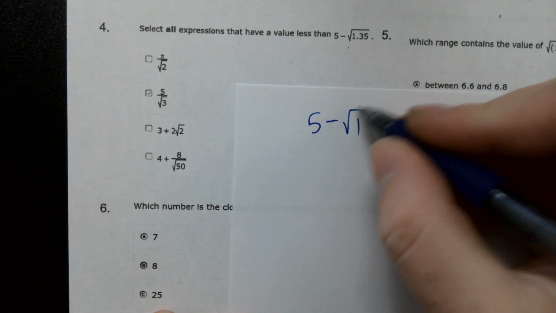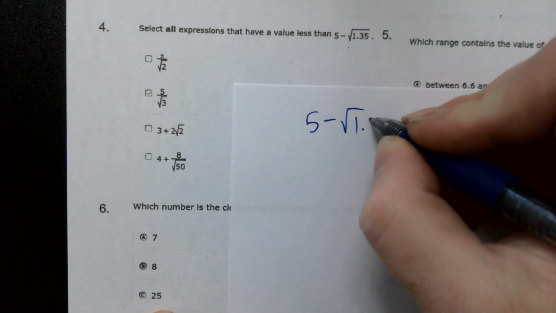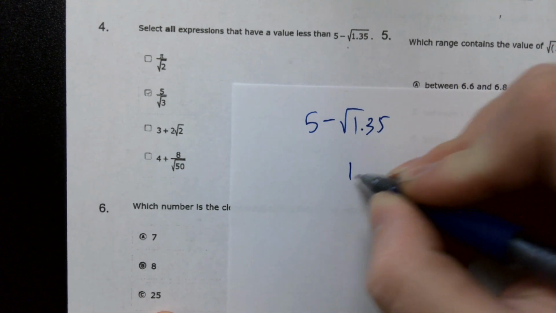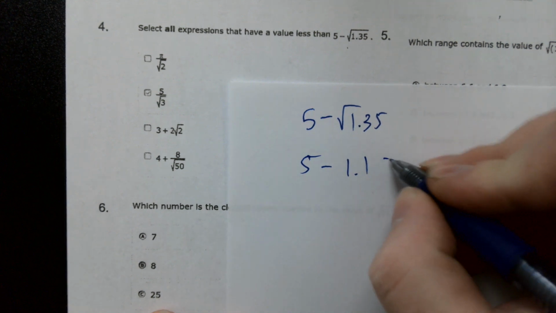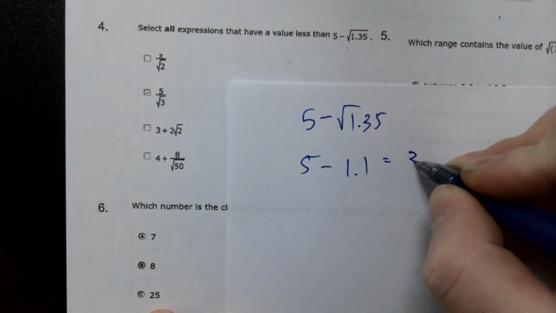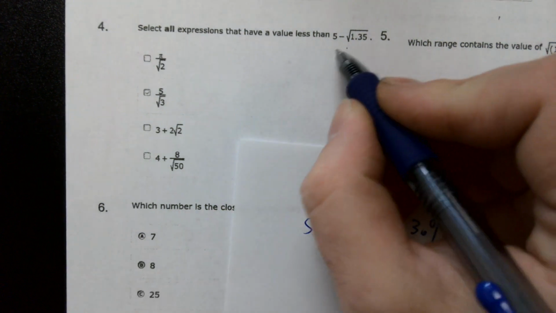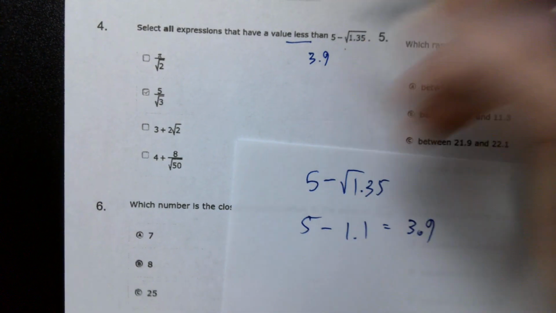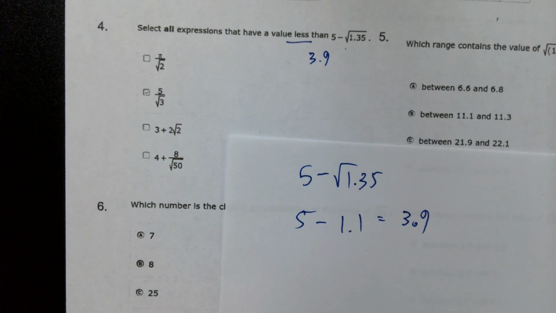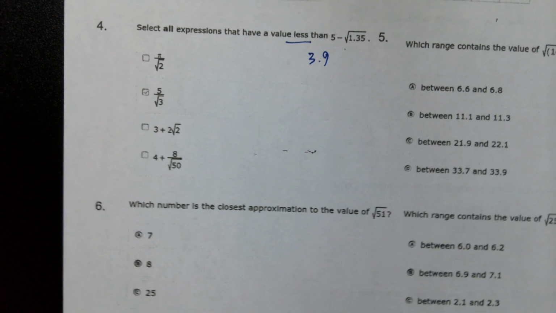So 1.35 is going to be slightly more than 1. Let's say, just for the sake of argument, that it's 1.1. What is 5 minus 1.1? 3.9. So now I know I'm looking for the expressions less than 3.9. Or less than 4, we could even say. Okay?